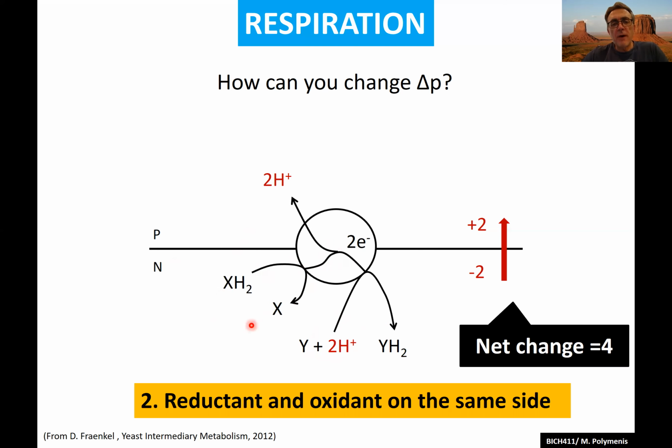And instead of being deposited on the same side where the NADH was, on the inside, somehow these protons come out, okay? And then the electrons find their way to the acceptor, and the acceptor picks up another 2 protons, and again you have a proton motive force generation, again with a net change of 4, right? So depending on where you put the protons and the electrons in this scheme, on which side of the membrane, you can have a generation of voltage across the membrane, essentially.